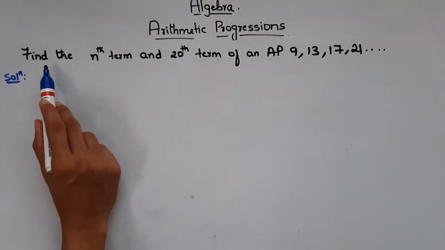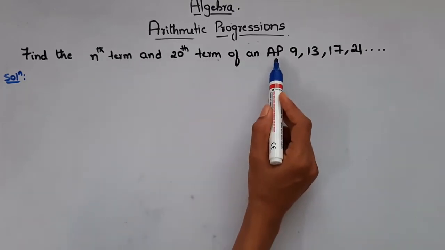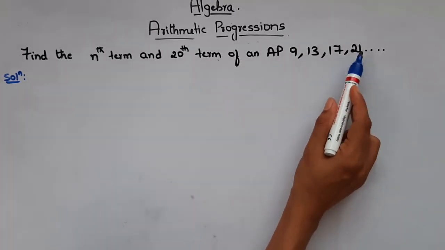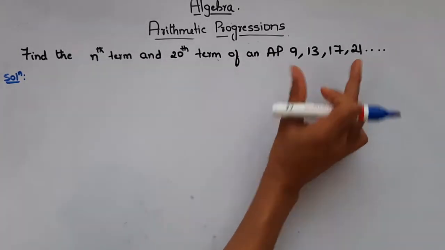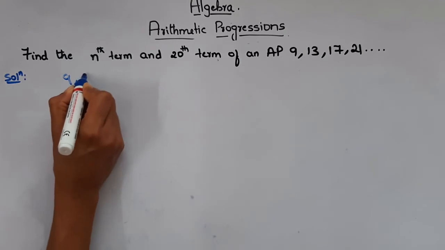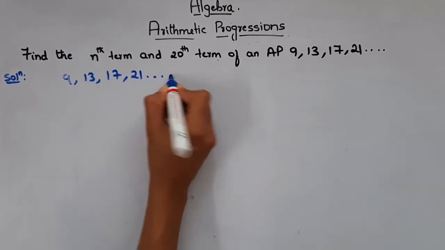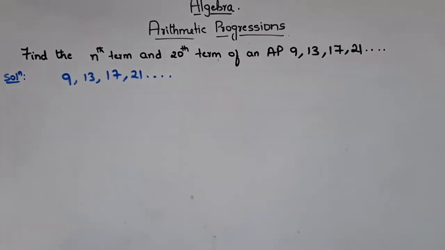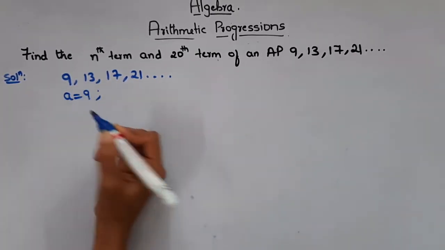Now let's see how to find the nth term of an AP in an example. Find the nth term and 20th term of the AP 9, 13, 17, 21 and so on. So first let's write this AP: 9, 13, 17, 21 and so on. Here a is your first term, that is 9.